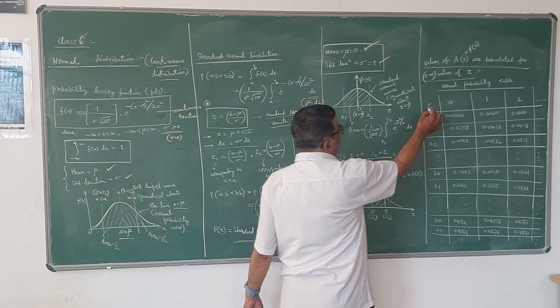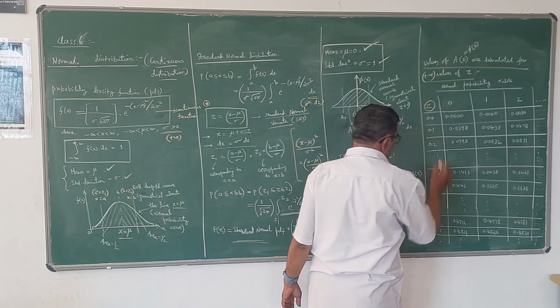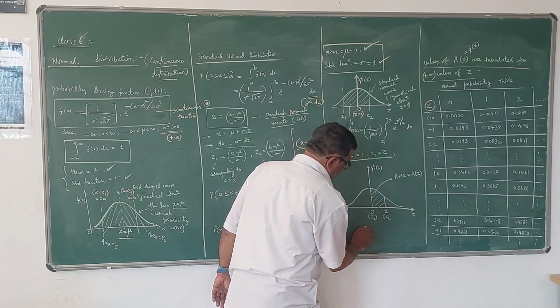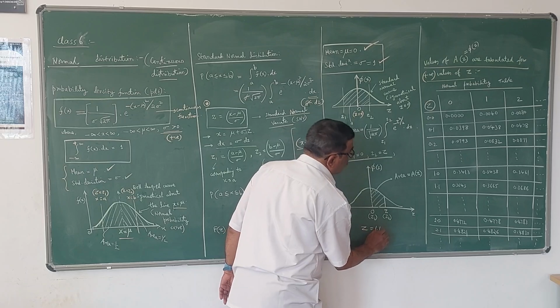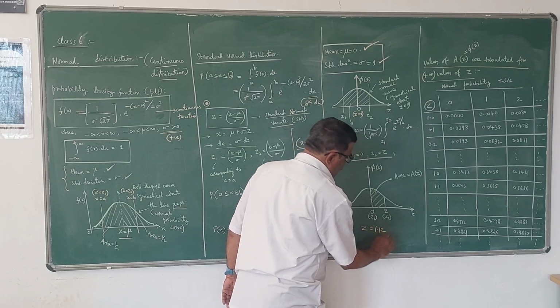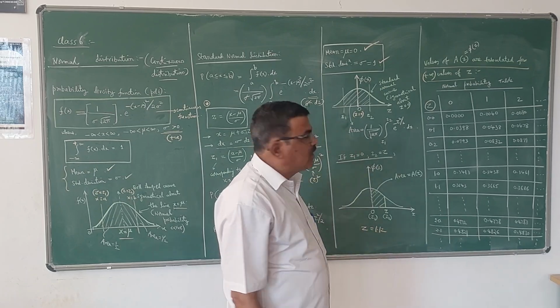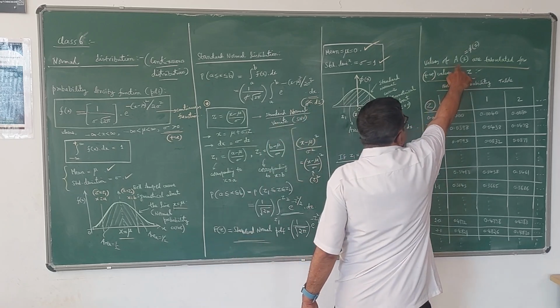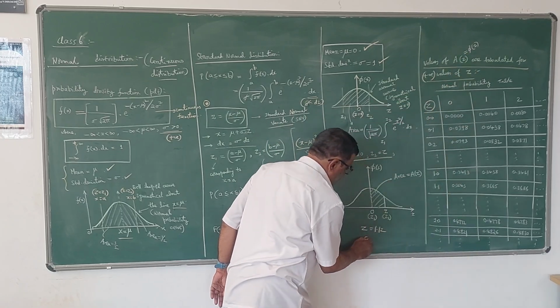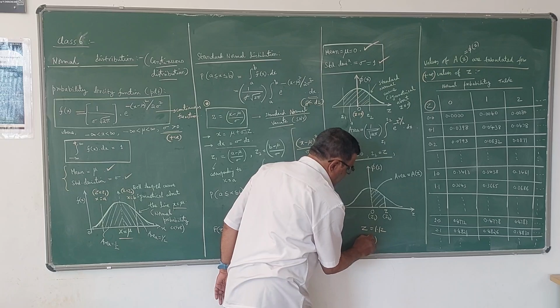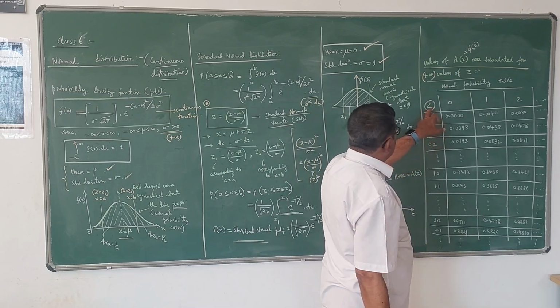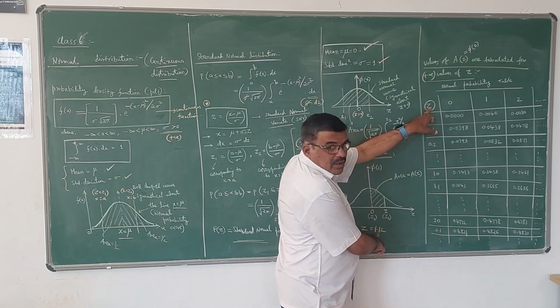Suppose the z value is 1.12, then what is the value of the area, or phi of z? How to read phi of z from this table, I will tell you. Z is 1.12.